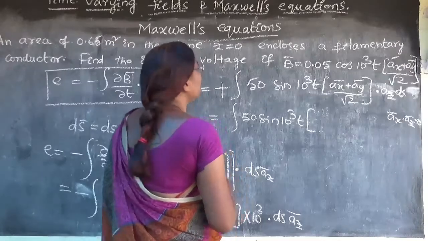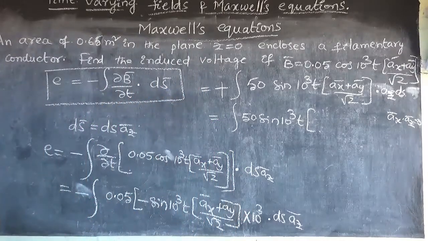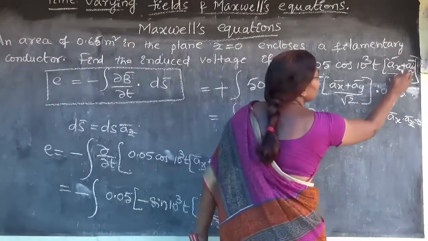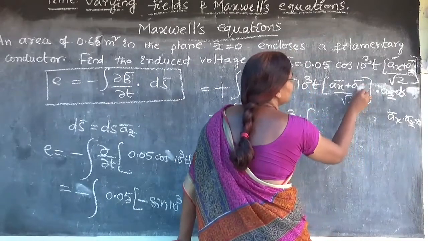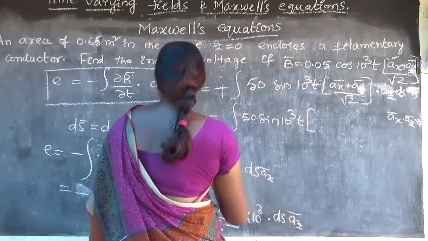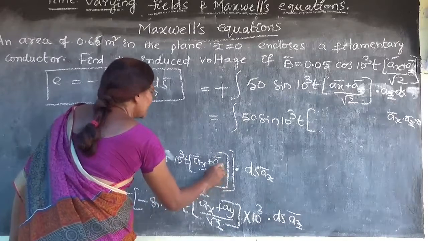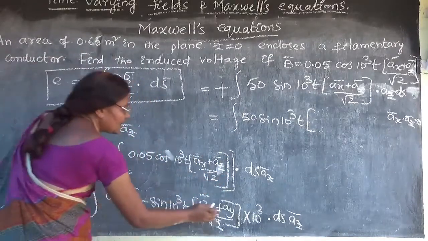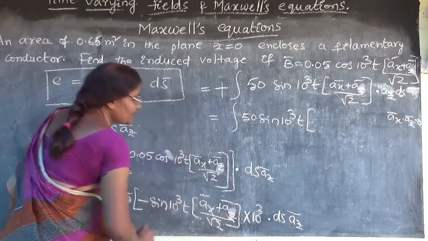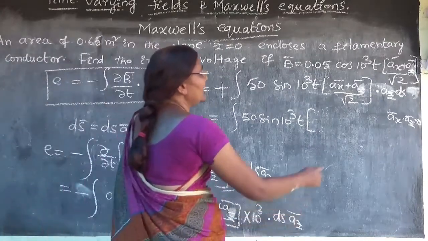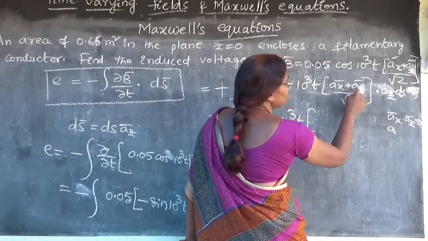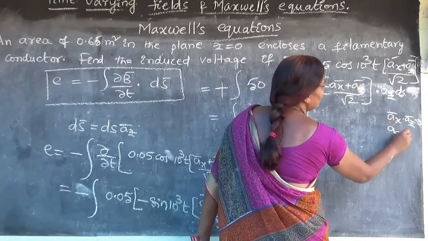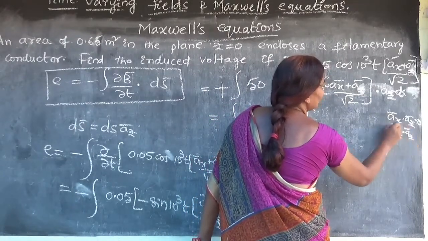Sorry, here I wrote ay bar in the problem, write az bar. The problem gave az bar. So ax bar dot az bar will be 0. The next term, az bar dot az bar, will be 1.